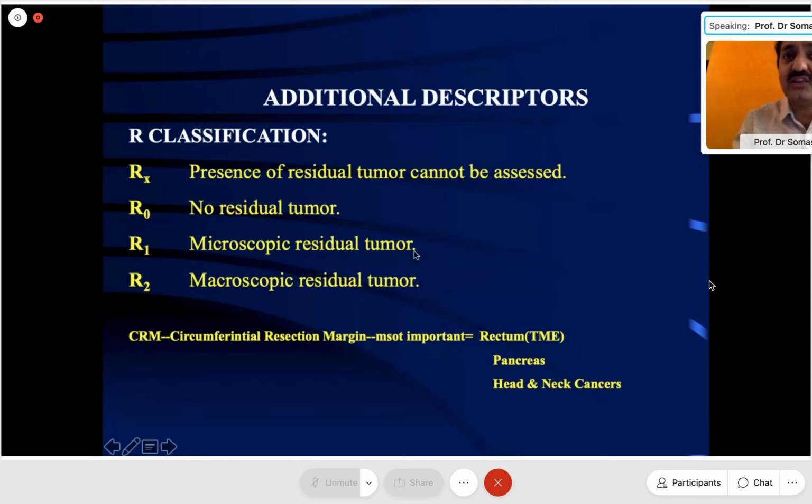Now we know what is small r. I told you already, small r, small y. Now capital R. R0: no residual tumor at the end of surgery, R1: microscopic disease positive, R2: macroscopic. Like for example, circumferential resection margin in rectum, pancreas, head and neck. What is the treatment in head and neck cancer?